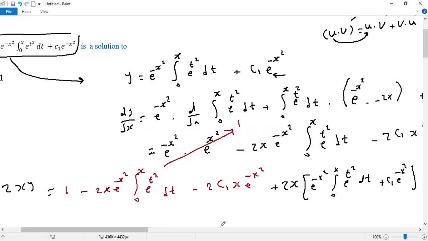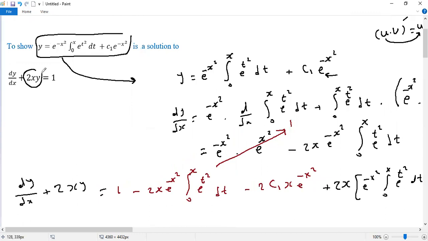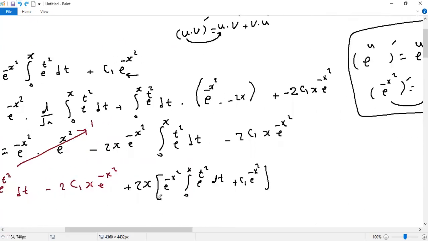So plus 2xy, that is 2x multiplied by y. What is the y? This y. Now we have to simplify this.